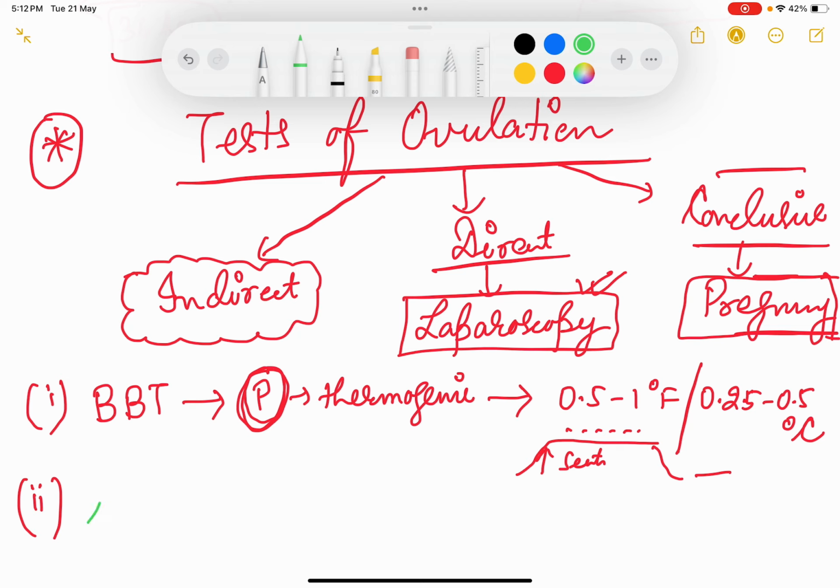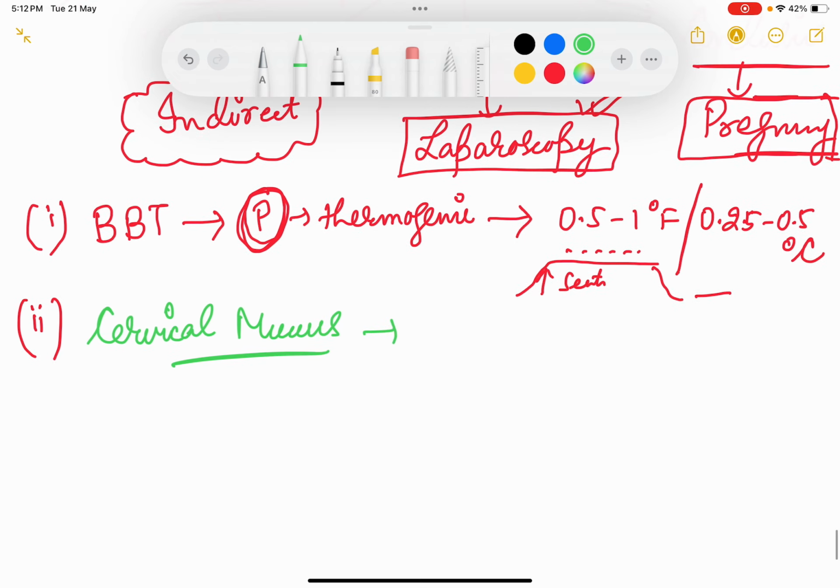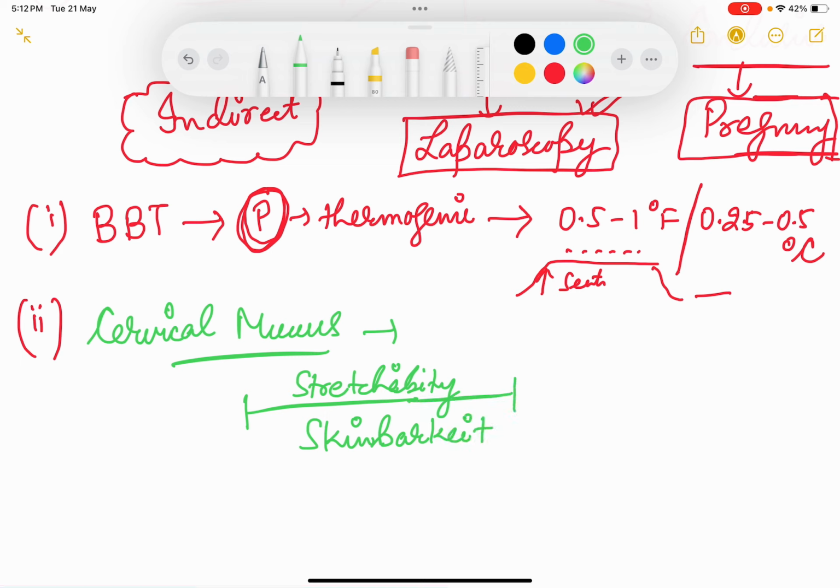Number 2 test which can be done is the cervical mucus study. In the first half of the cycle, cervical mucus is stretchable. This stretchability is also called spinnbarkeit. Whereas in the second half of the cycle, under the effect of progesterone, the stretchability decreases and this is called tac, T-A-C.